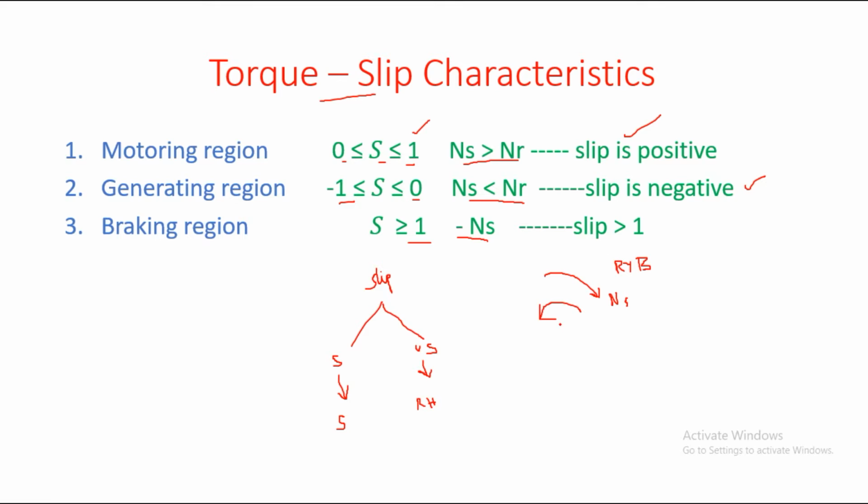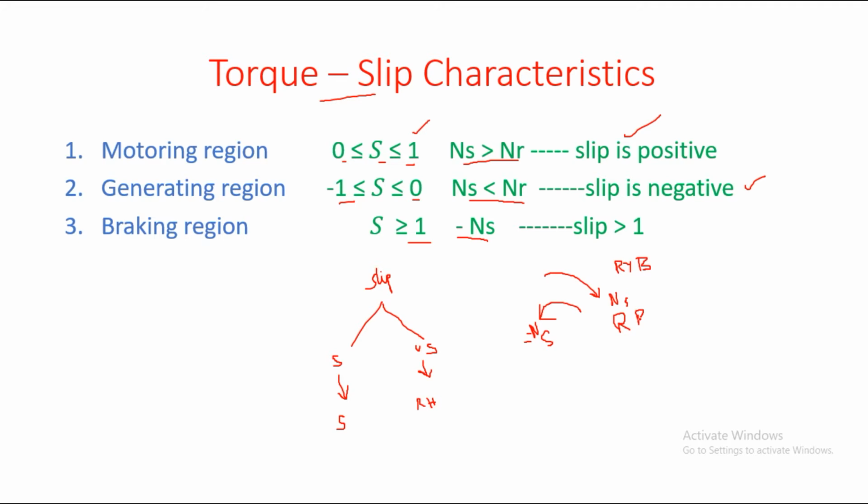So now we have a counterclockwise direction for the RMF with the speed of -ns. For indicating the reverse direction we use the minus sign here, and it is possible only if we change the phase sequence.